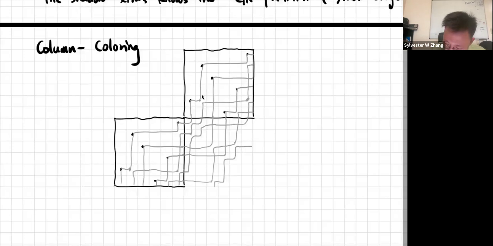Okay, just use some color to help myself. Okay. This will be the shadow line that you get if you take another copy of the permutation and do it in this larger thing.